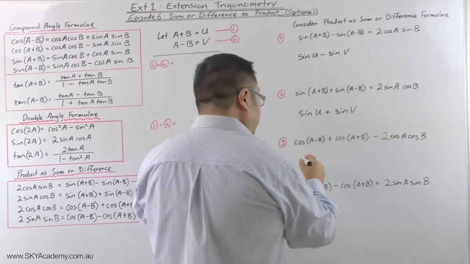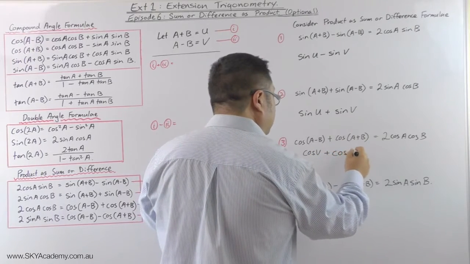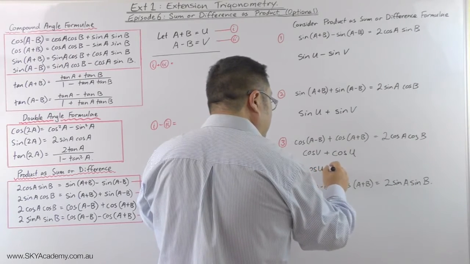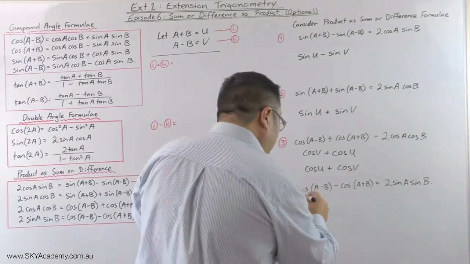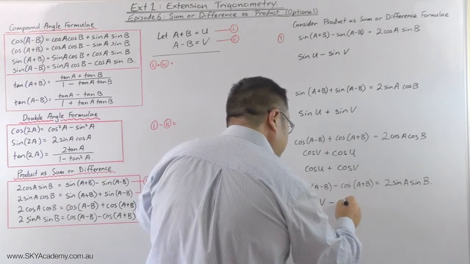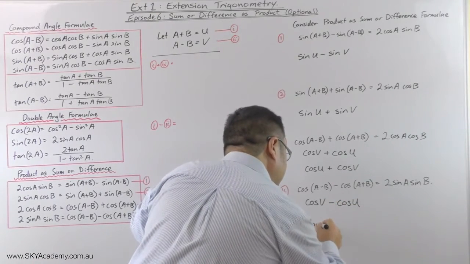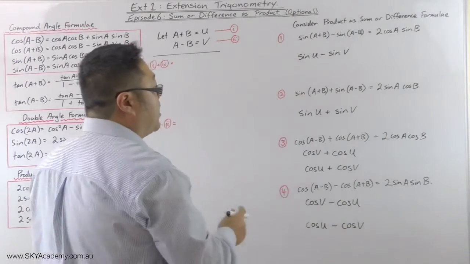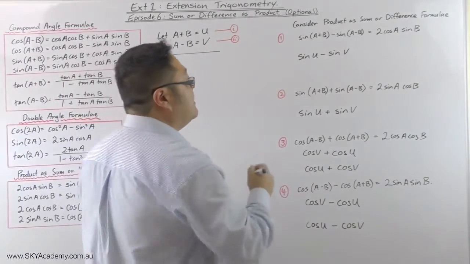For this formula, you have cos v plus cos u, which is exactly the same as cos u plus cos v. And here we've got cos v minus cos u, and we're also going to consider cos u minus cos v as well. So there we have it. We've got the left-hand sides of all the formulas down packed.